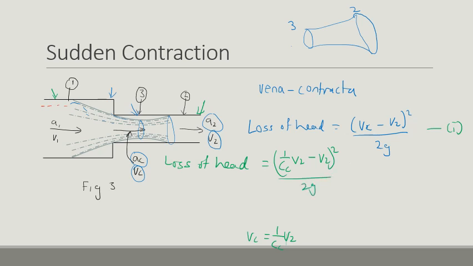We see that V2 is common to both terms, so we can factorize that out, and then that will become V2 square over 2g into bracket (1 over Cc minus 1) all square. And this gives us the loss of head at a sudden contraction.